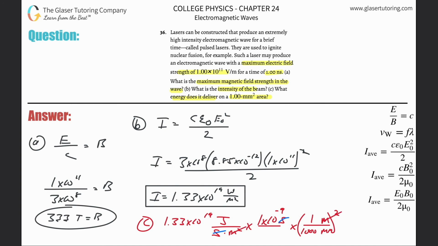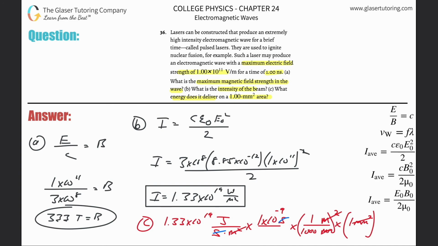Then you're left with square millimeters, and this tells us the energy delivered over a square millimeter. To finish it out, we plug in the 1 millimeter squared, those cancel, and don't forget the squared in there. Then just calculate.